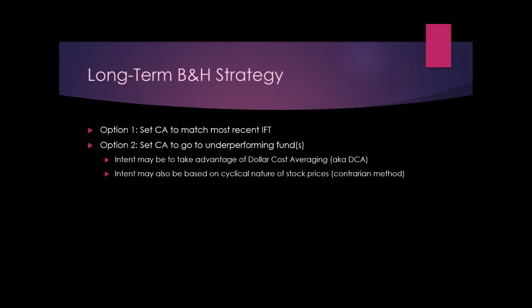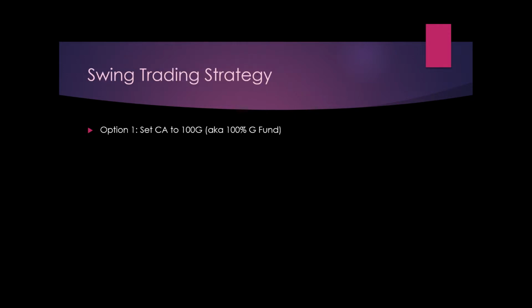So that's what I mean by cyclical nature. It's sometimes taking advantage of the fact that investors do tend to have these habits. All right, and again, I don't want to cover too much detail on this. I just want to give you guys options or ideas on where to put your contributions.